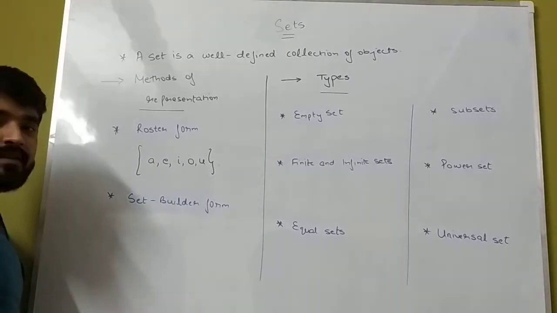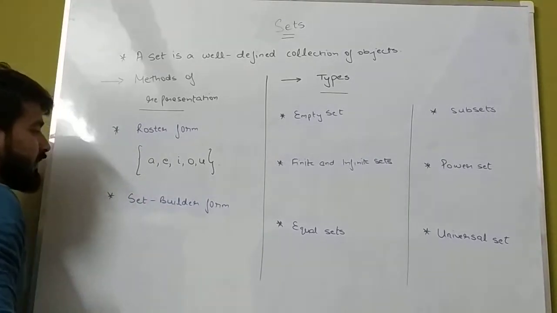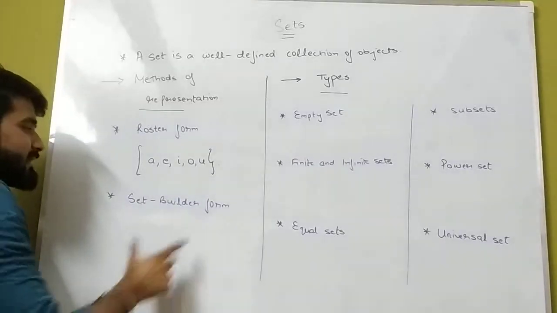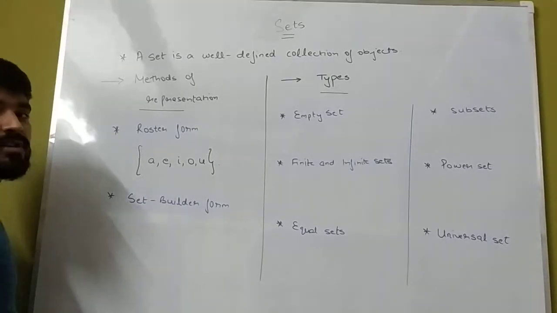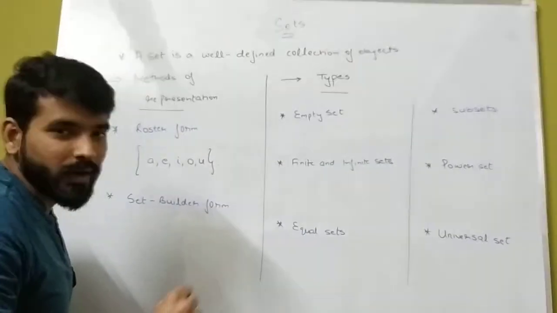The next form we have is the set builder form. Now what is the set builder form? In a set builder form we have elements which possess a certain quality.